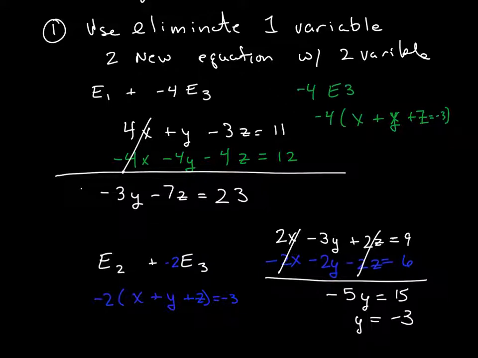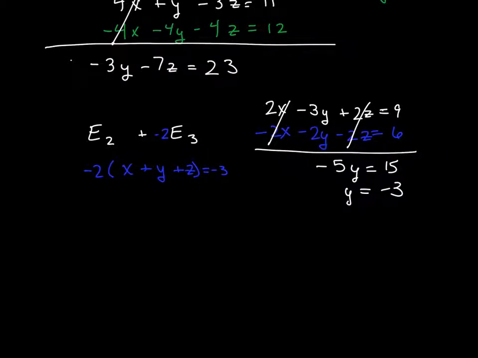But now that we have one solution, we're going to go back into one of the originals. It does not matter which one, but because I only have y, I want to go back into the equation that we solved the first time, which was negative 3y minus 7z is equal to 23.